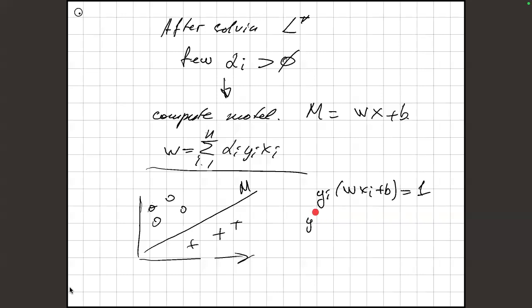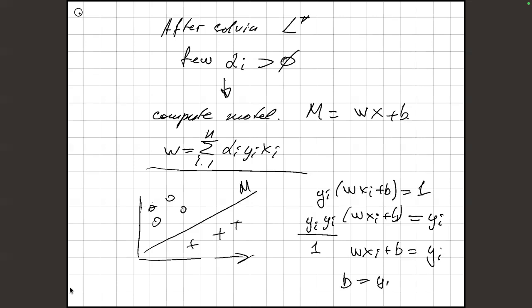So yi squared times (Wxi plus B) equals yi. yi is plus minus 1, so yi squared is 1. And all that boils down to Wxi plus B equals yi, which makes B equals yi minus Wxi.